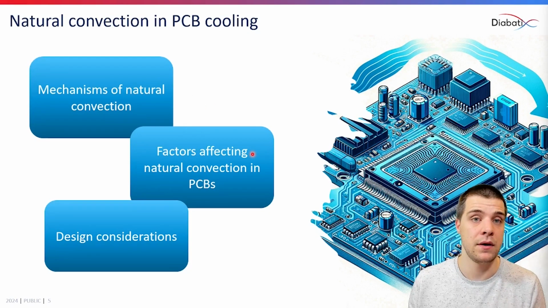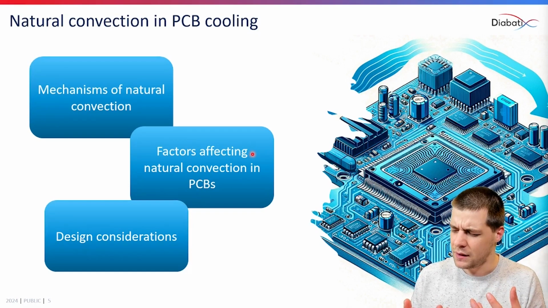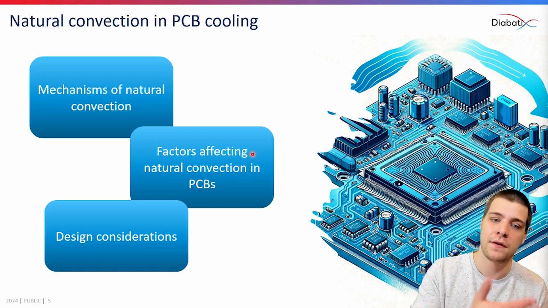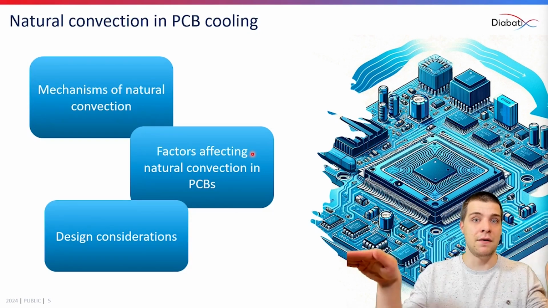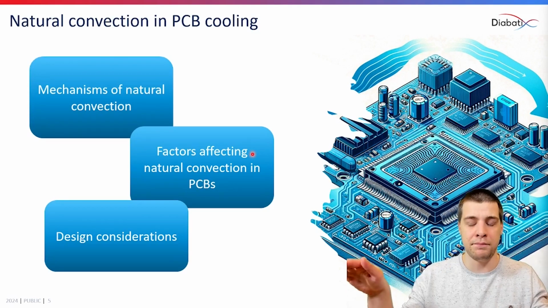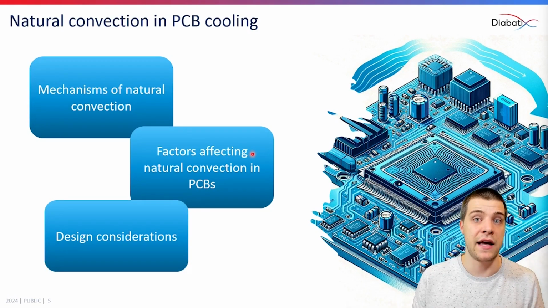How does the placement, the positioning, the topology of the PCB affect the natural convection? First of all, if you put your PCB horizontal, you of course provide a very big area that blocks the air from cooling it down.